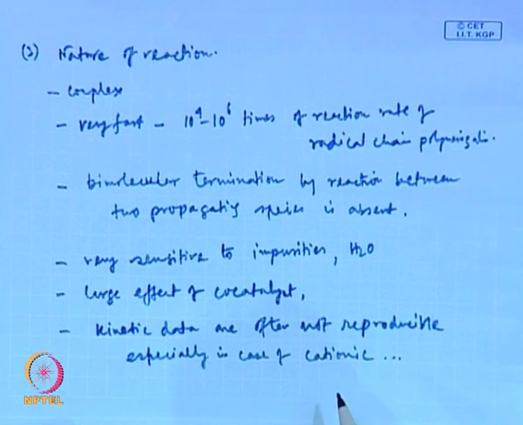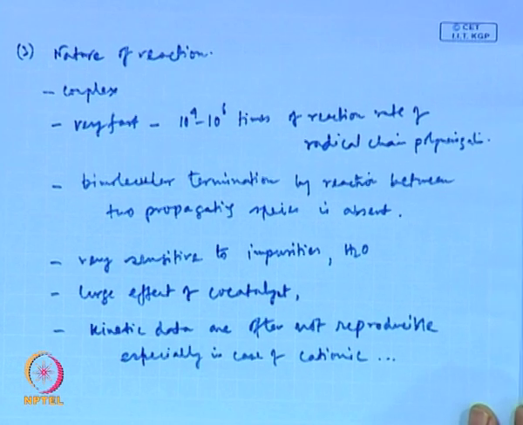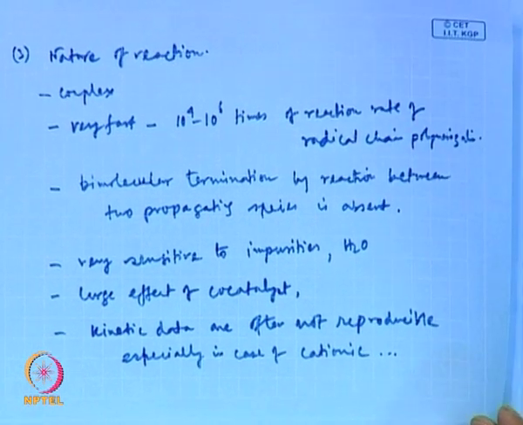The mechanism and the kinetics of this ionic polymerization, especially the cationic chain polymerization, is still not completely understood, and research is still underway to understand it, because as I said these reactions are very fast and not reproducible.